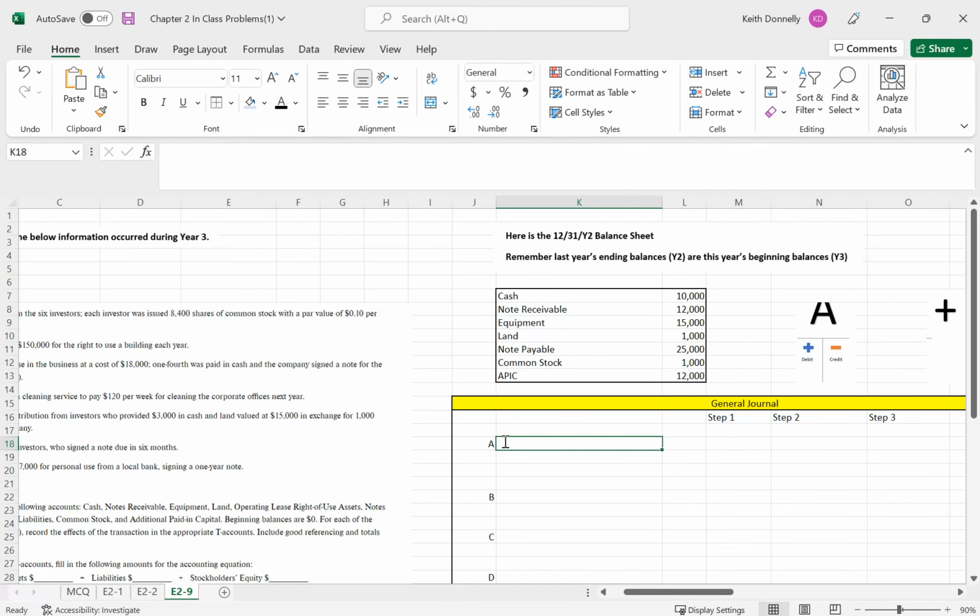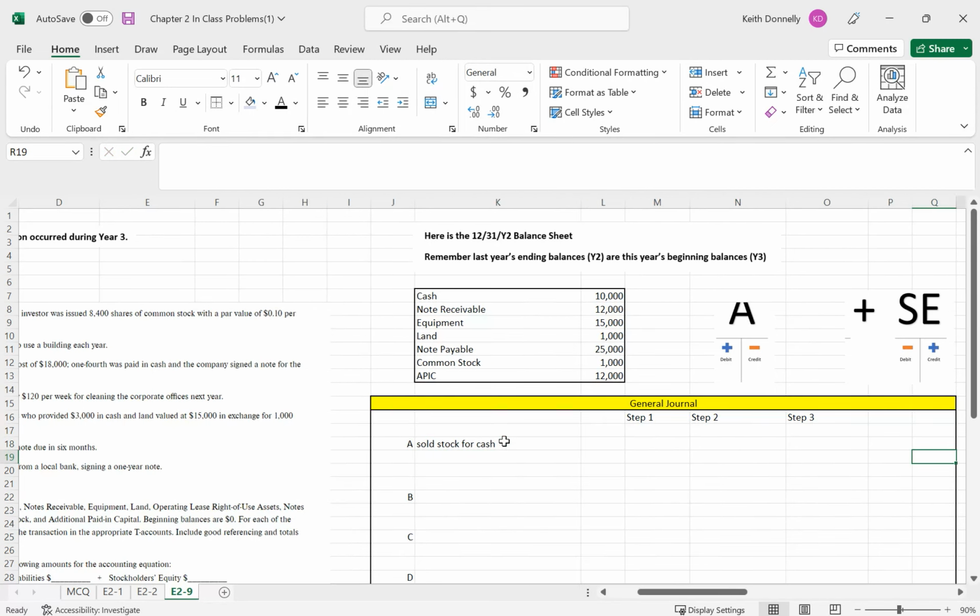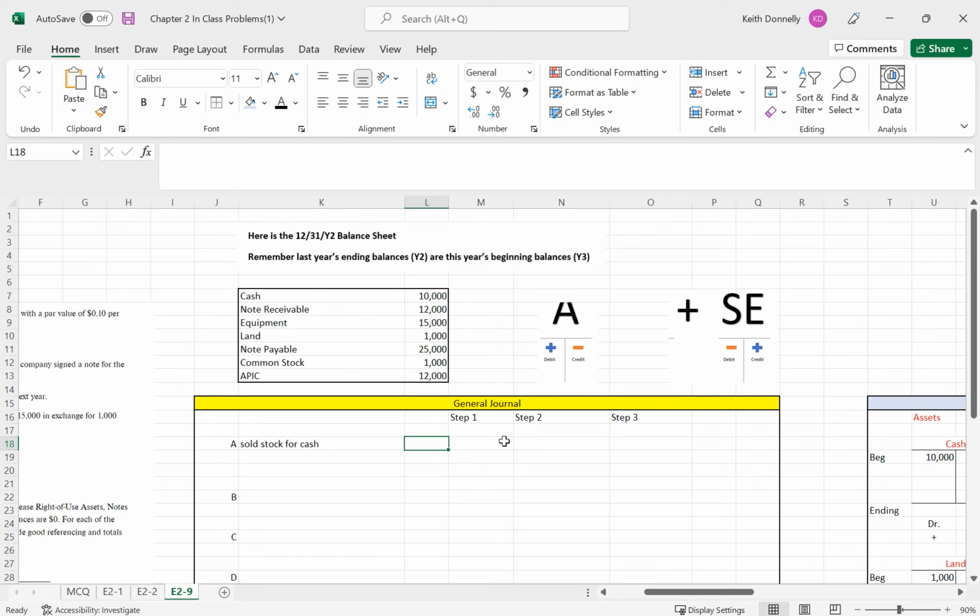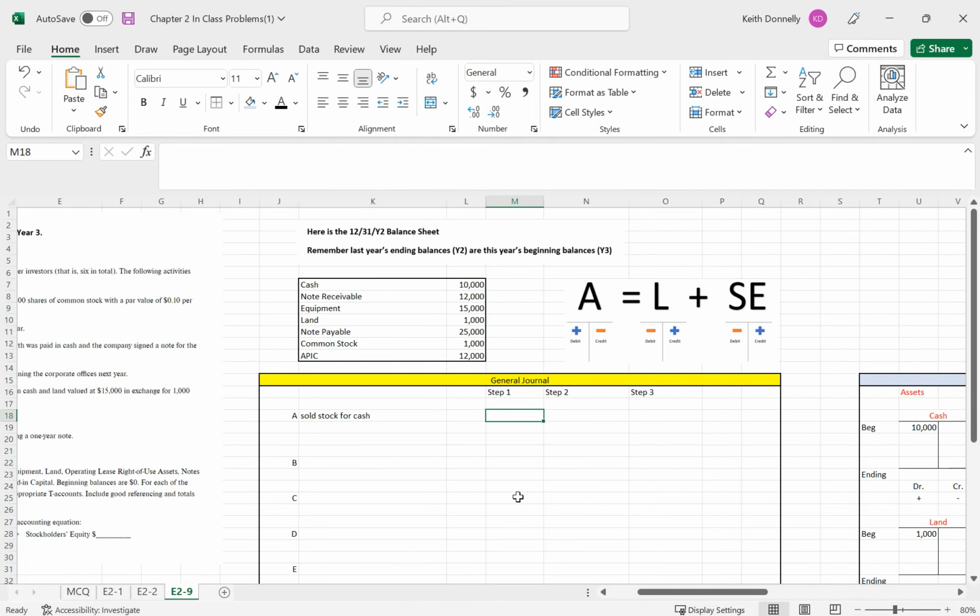So what we did here in A is we sold stock for cash. If we were to do the journal entry for this, we'd have step 1, step 2, and step 3. Step 1, we have to identify cash, common stock, and then remember we said we have APIC as well every time you sell stock or issue stock.